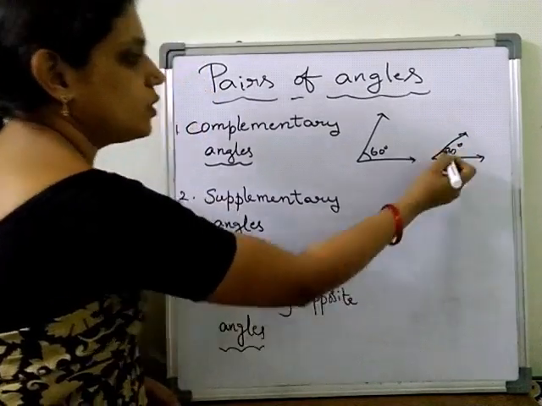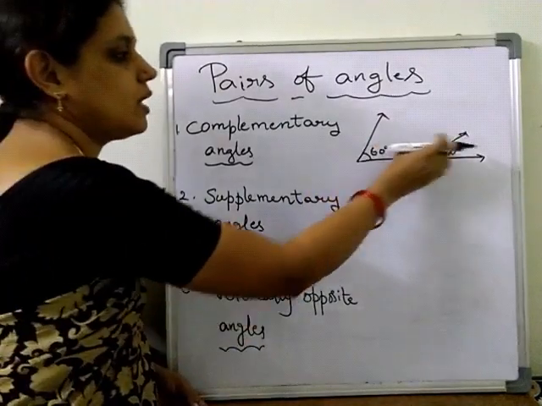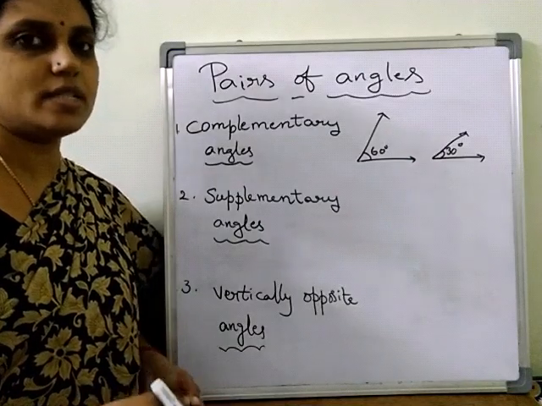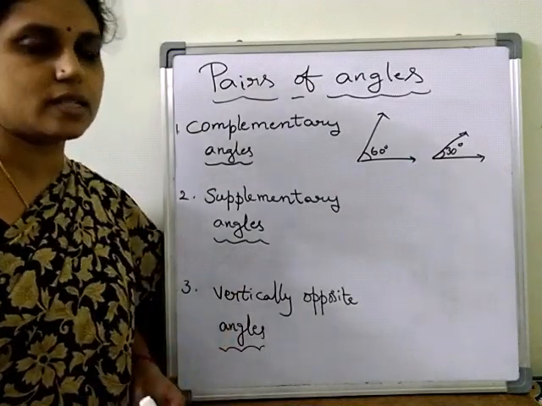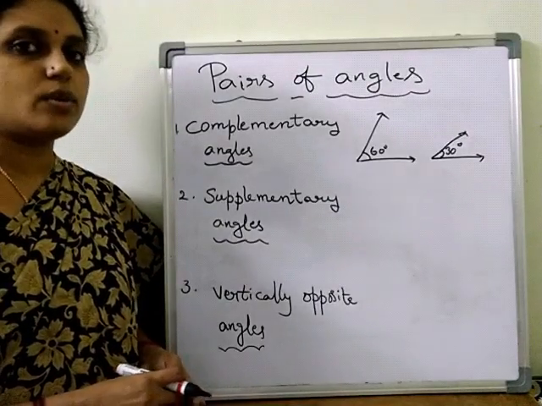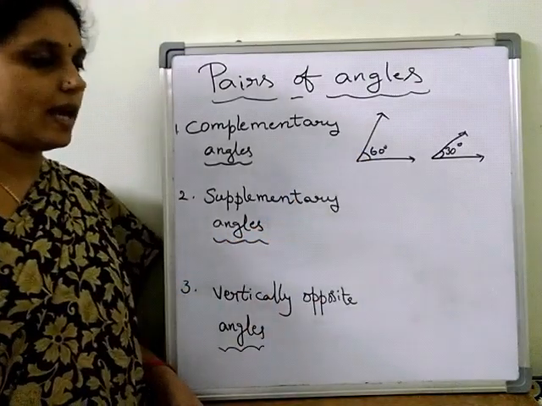Then these two, if you add 60 plus 30 equal to 90 degrees, then these two angles are called complementary angles. Okay, they need not be adjacent always, just two separate angles also we can take like that. So if the sum of two angles is 90 degrees, they are called complementary angles.